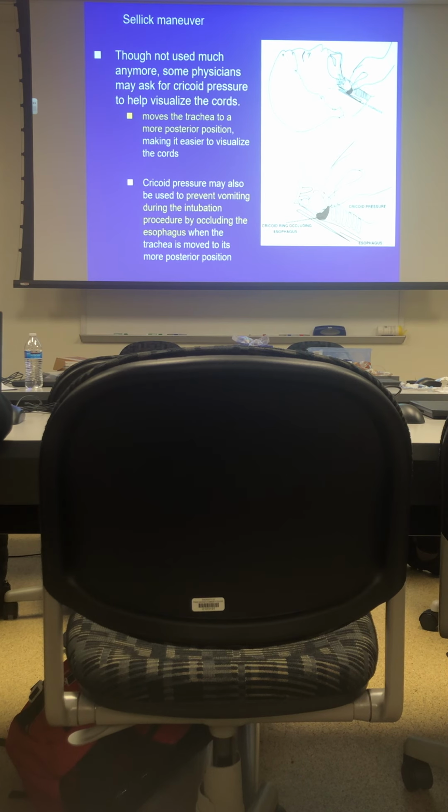Okay. This physician gives sedation, all right? When they give sedation and we give a neuromuscular paralytic at times, whoever's intubating, could be the anesthesiologist, will ask the therapist to give a little cricoid pressure, okay?